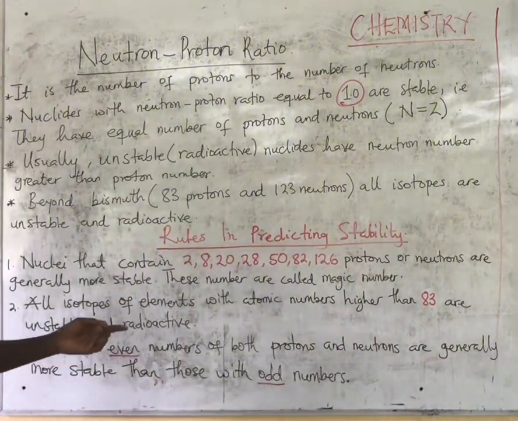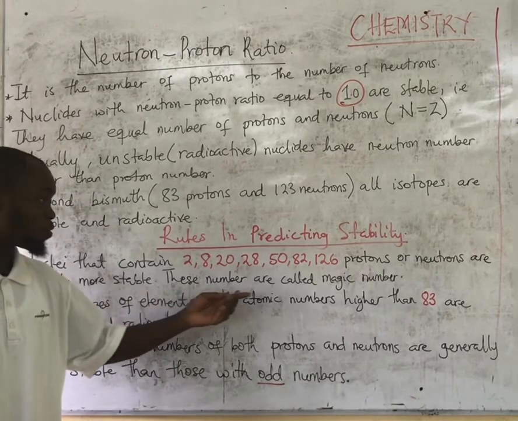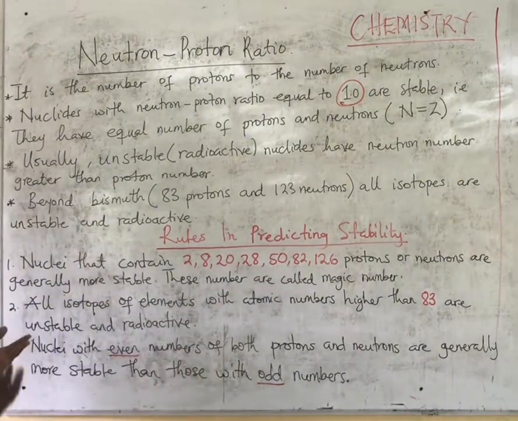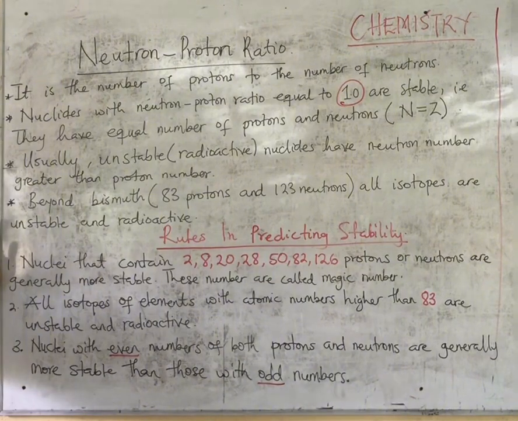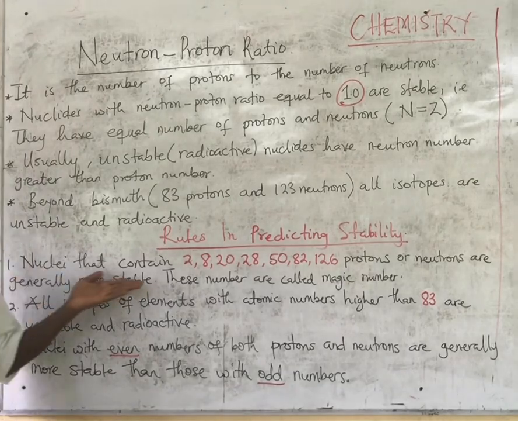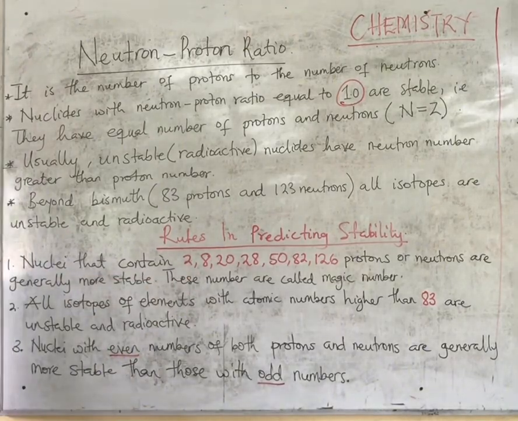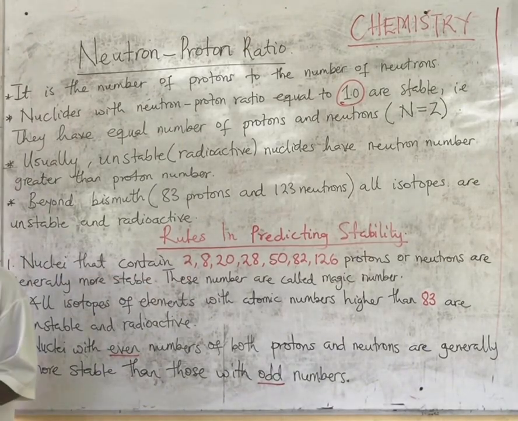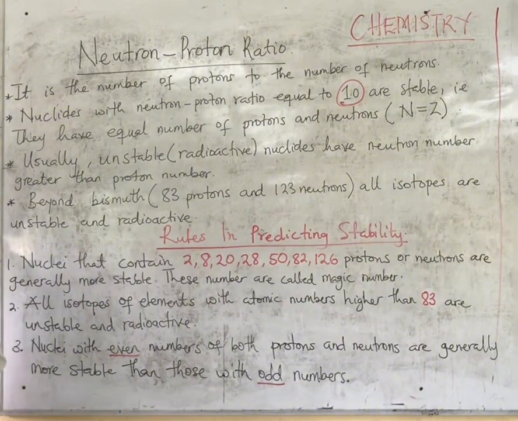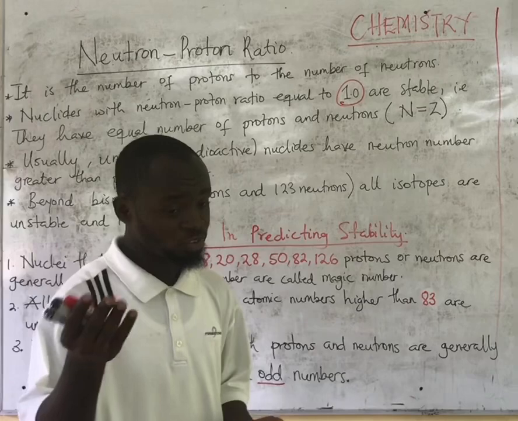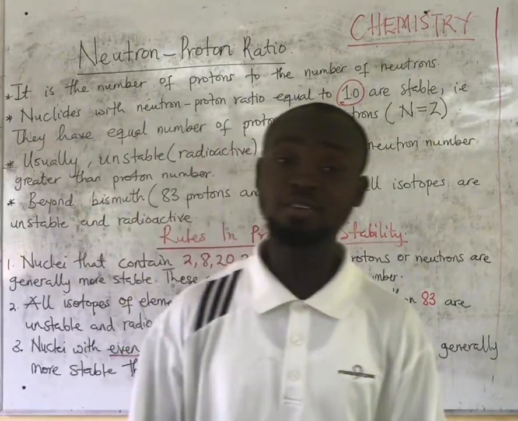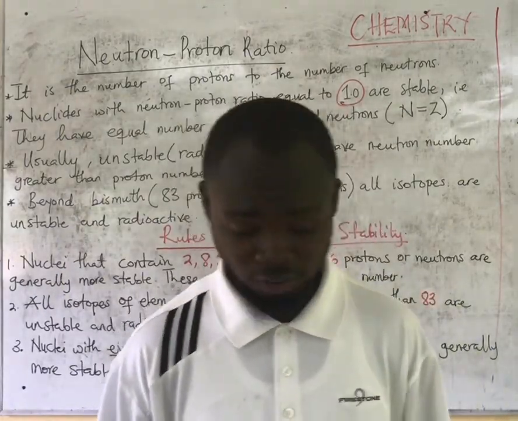In addition, these are called the magic numbers, and they indicate the stability of the nuclei. So if you want to know whether a nuclide is stable, we can look at those with these magic numbers corresponding to their protons and their number of neutrons. Don't forget, these magic numbers correspond to the filled nuclear shells, which is similar to the electron shell in an atom.